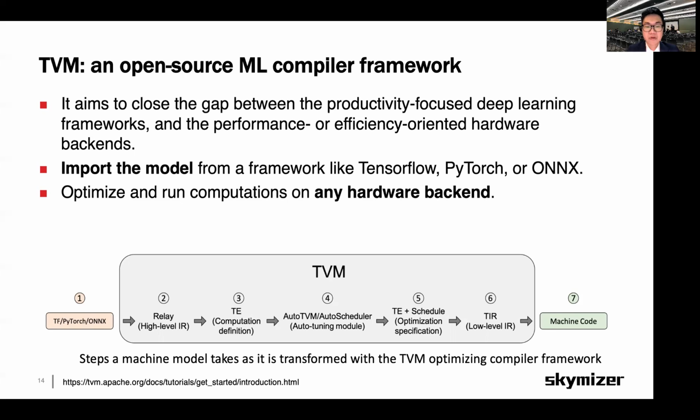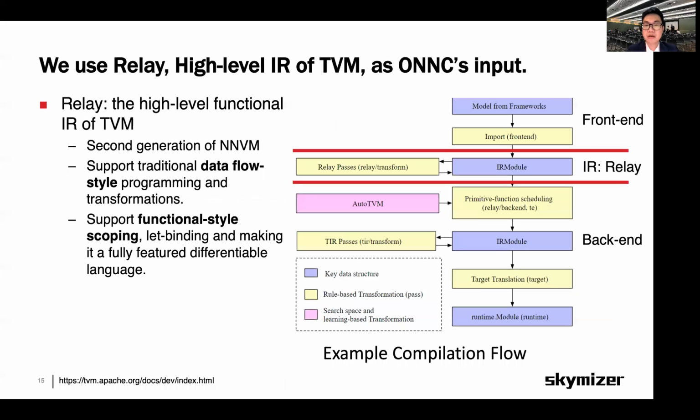So for us, we want to use TVM's front end, but we want to use our ONC as a backend. So we use Relay, the high-level IR of TVM, as ONC's input. As you can see in the right-hand side figure, that's TVM's compilation flow.